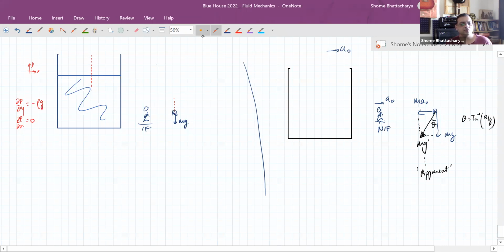Now in this diagram, effective gravity is in this direction. So the surface of the liquid will be like this, perpendicular to this. That's why the surface of the liquid will be at the same theta.